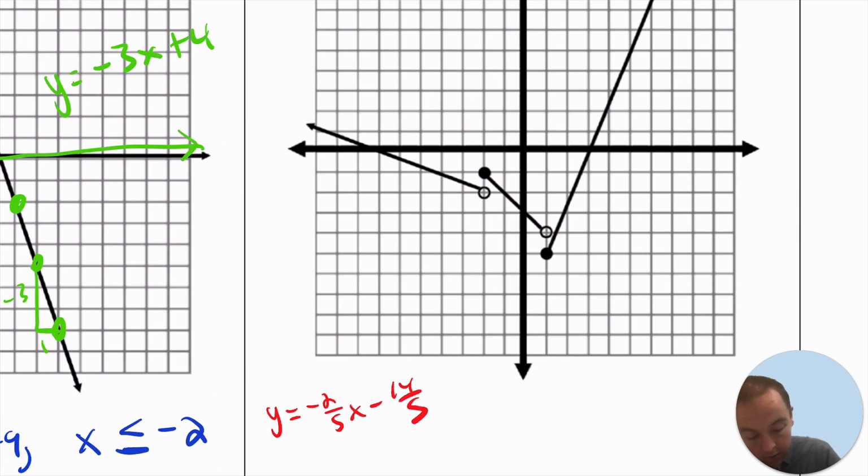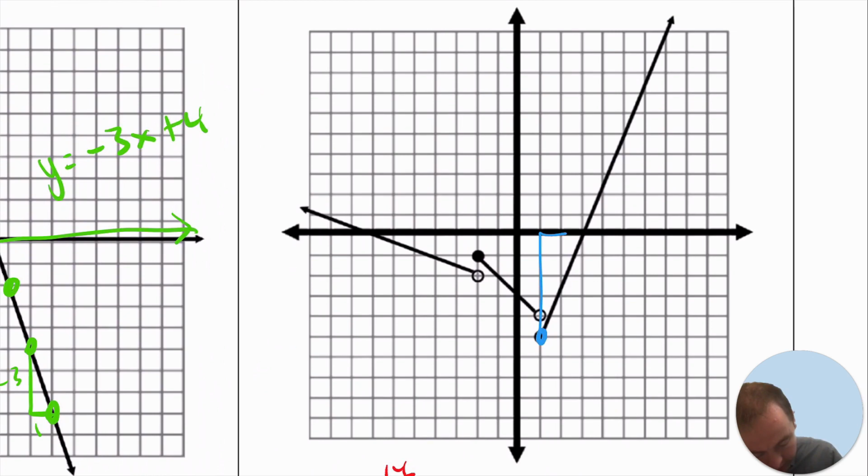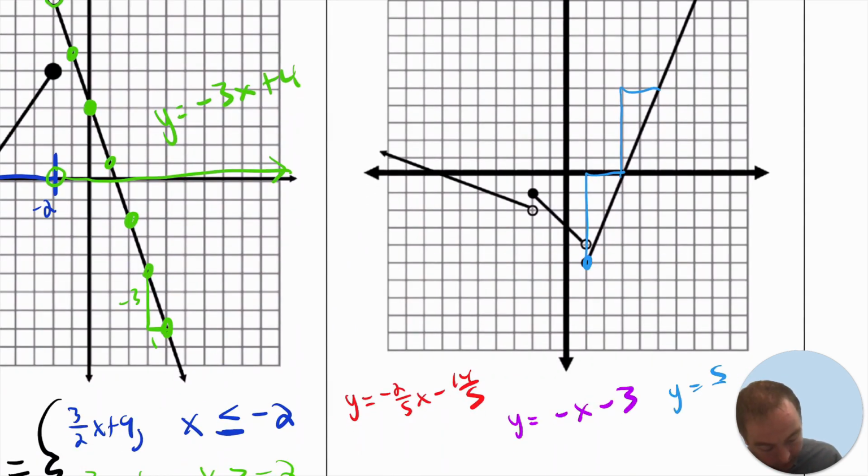Let's proceed to this purple little segment right here. This purple segment has a very nice y-intercept at -3, and also a nice rise and run of down 1 and over 1. That means we're dealing with a negative slope and a negative y-intercept. And then finally, this blue segment seems to be following a pattern in which it is going up 5 and over 2, so it's going to be a 5/2 slope.